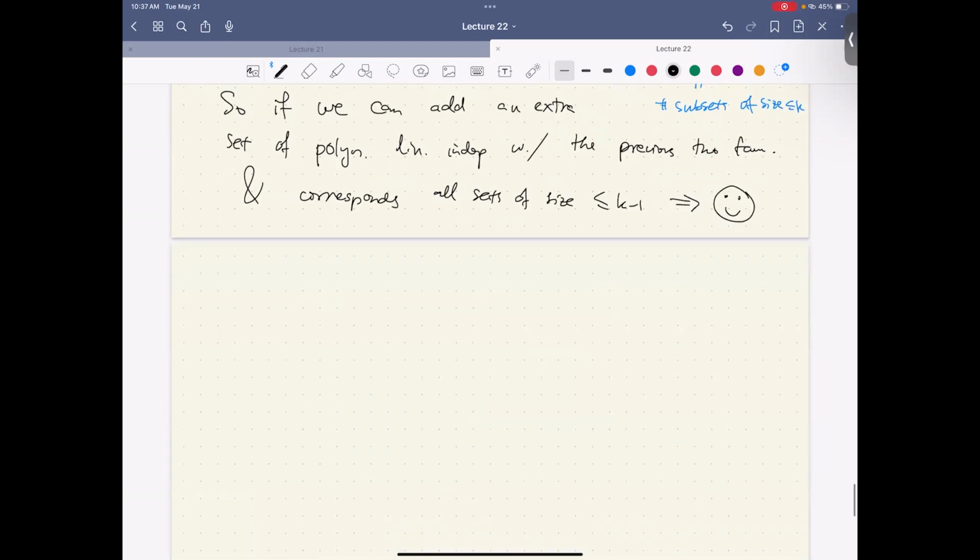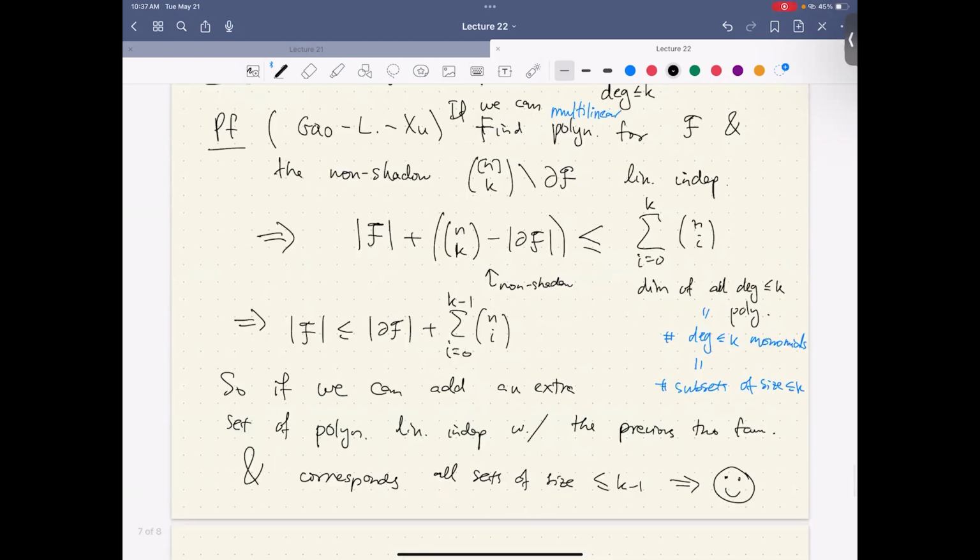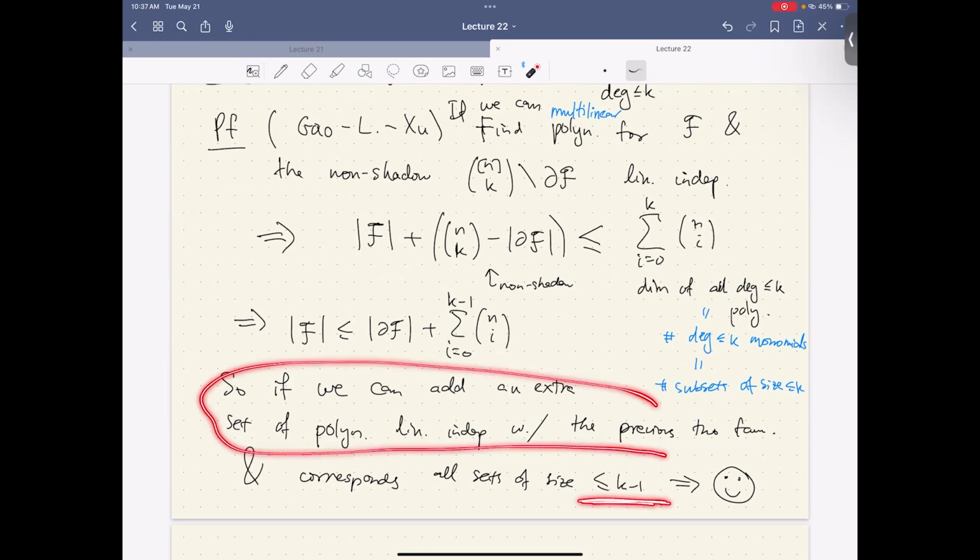That's the idea. So let's write down these three sets of polynomials: F, the non-shadow, and this additional set corresponding to sets of size at most k minus 1.